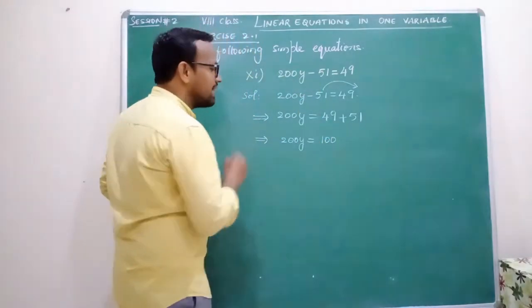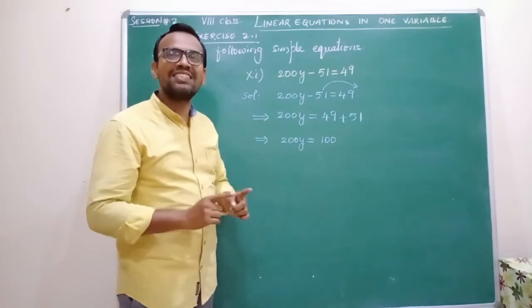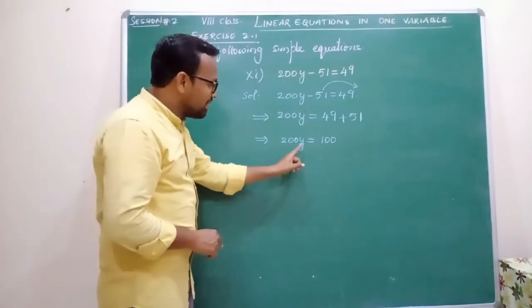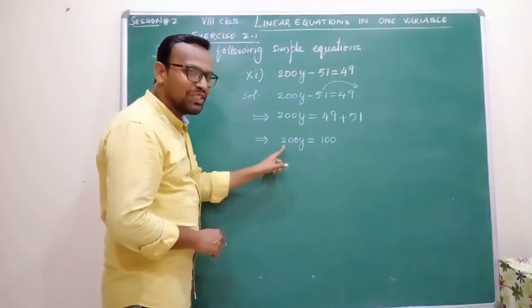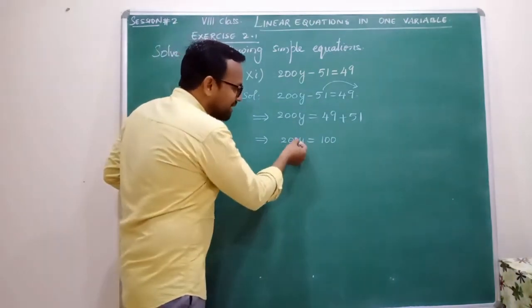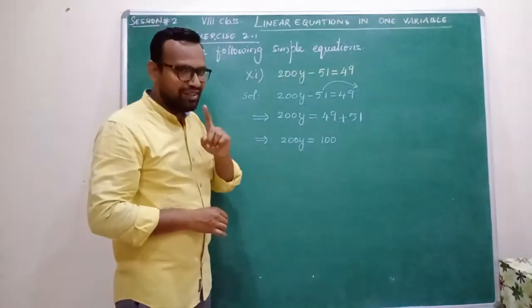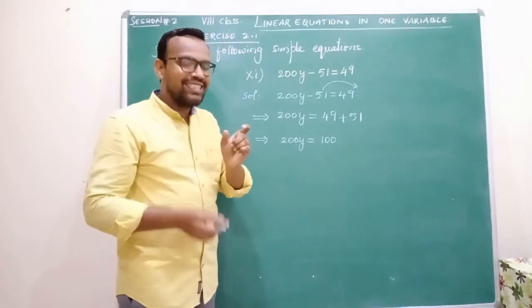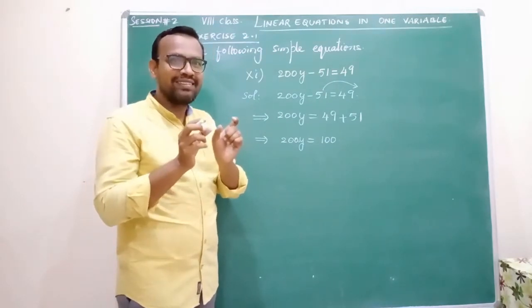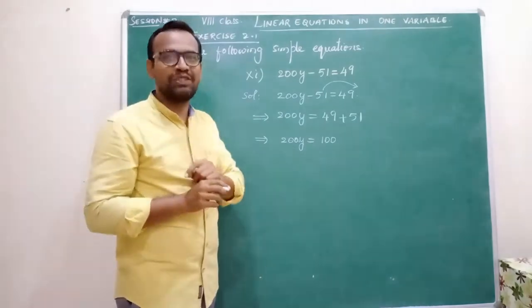Great. Now, what is next? We need to transpose the constant with the variable. So with the variable, what is the constant present? 200. Now, 200 and y, what is there in the middle of it? Into. I already told you, when a constant and immediately a variable is there, the relation between these two is into, right?